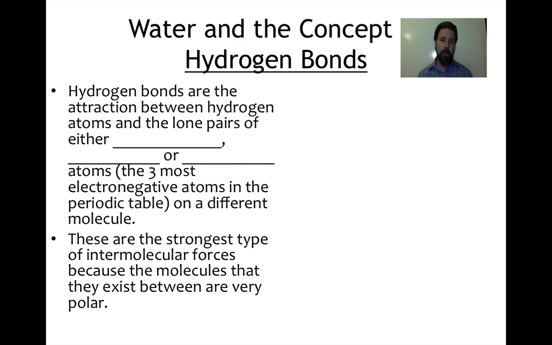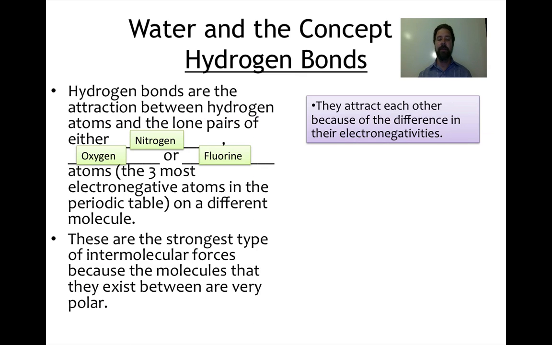So the third type of bonding is called hydrogen bonding. And hydrogen bonds are the attractions between hydrogen atoms and the lone pairs of our three most electronegative elements, nitrogen, oxygen, and fluorine. They are the strongest type of intermolecular forces because the molecules they exist between are very polar.